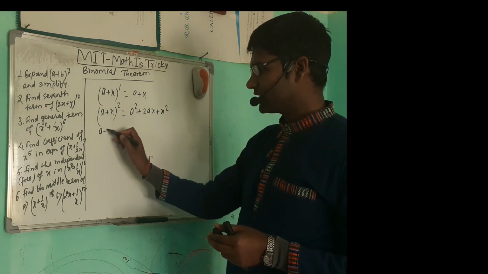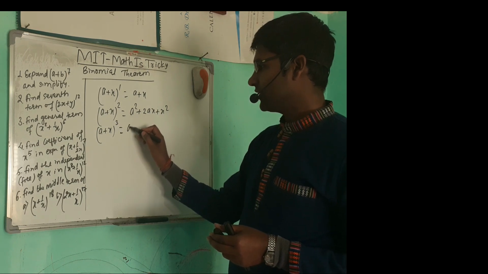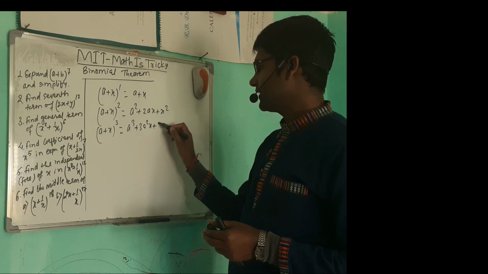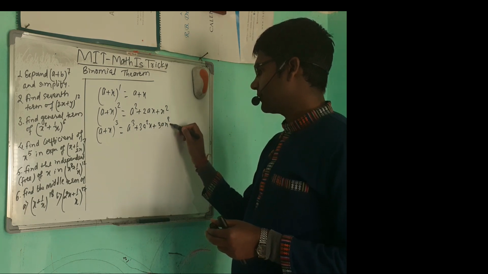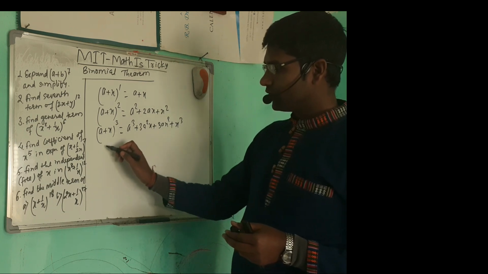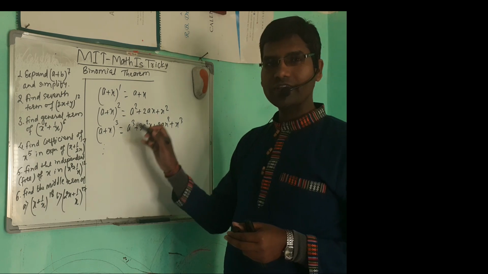If the power is 3, we have the answer a³ + 3a²x + 3ax² + x³.